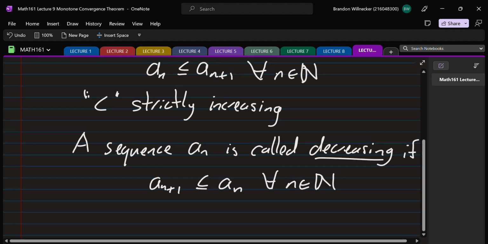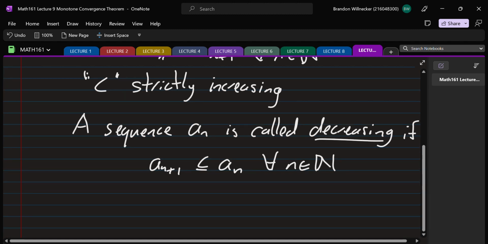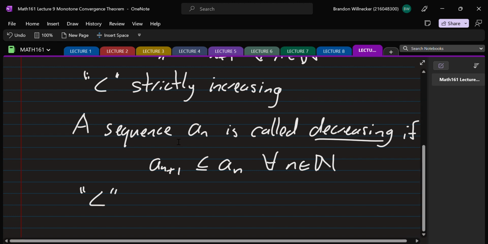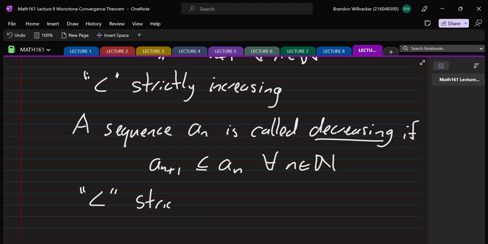Here the next term is smaller than or equal to the previous term. Again, we could replace this with just a strict inequality sign, and then we have strictly decreasing. It means that consecutive terms can't be equal; it's either bigger or smaller, and then we say strictly.